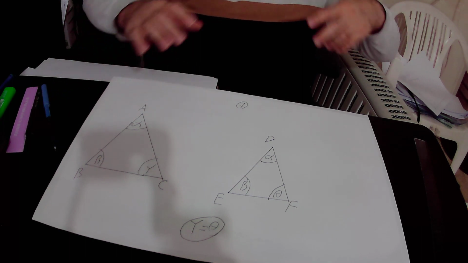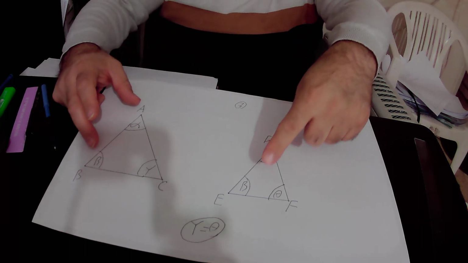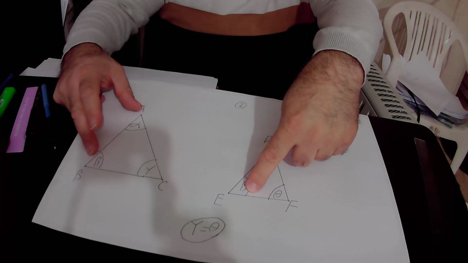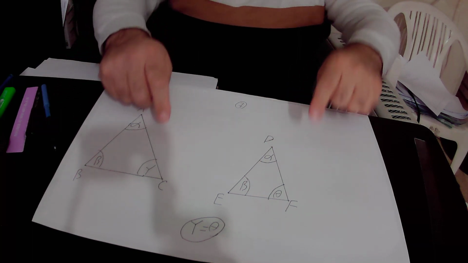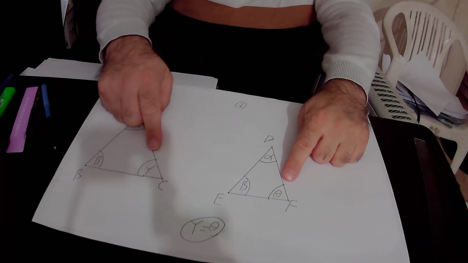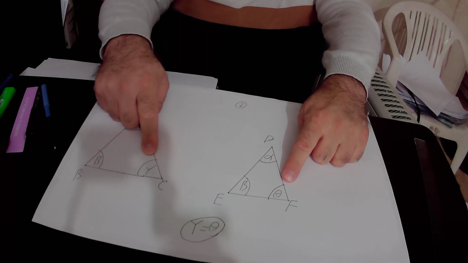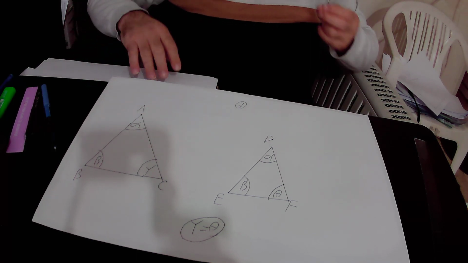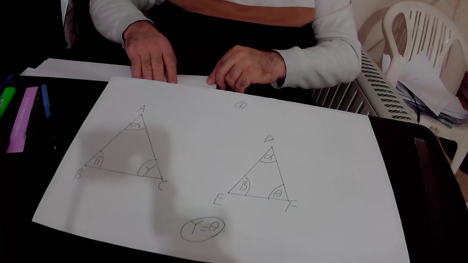So if we have two pairs of angles that are congruent to each other, like in this drawing, then the third pair of angles must also be congruent. That is to say, angle gamma equals angle theta. And I actually proved that angle gamma equals angle theta by using the rule that the sum of the angles in any triangle equals 180 degrees.